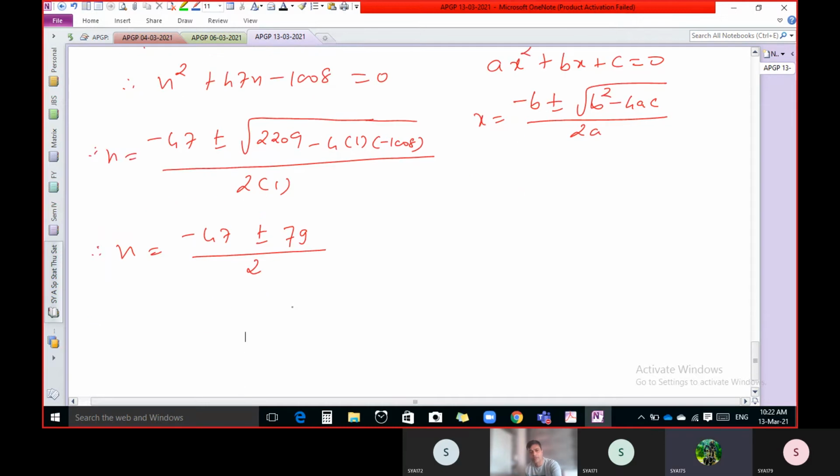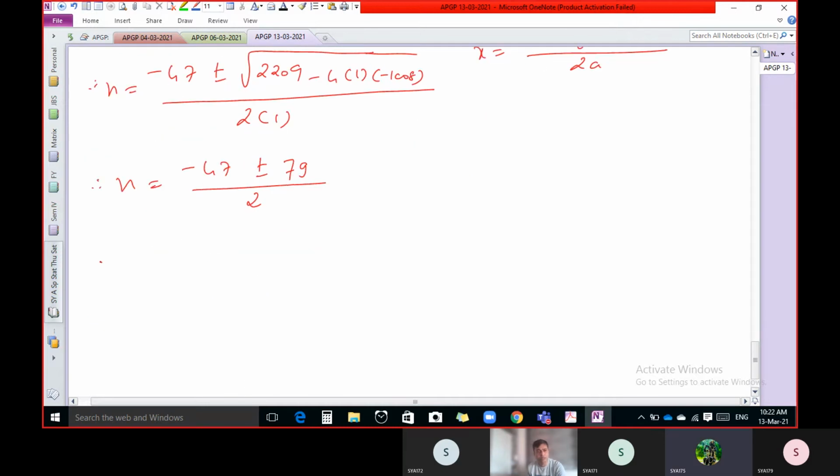So now add first and then subtract. So n equals minus 47 plus 79 upon 2, or n equals minus 47 minus 79 upon 2.